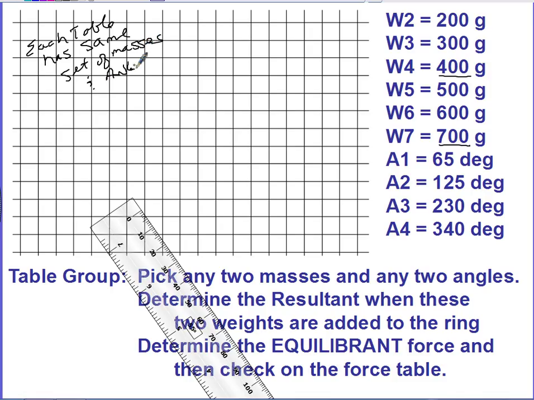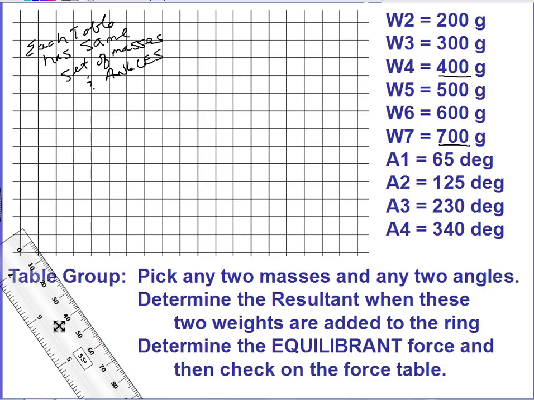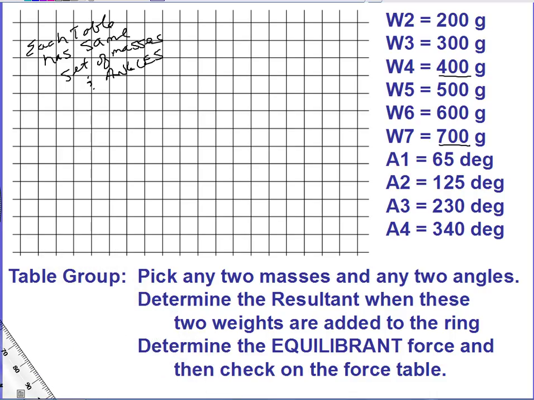Now, some people may be more interested in doing this not graphically, but mathematically. If you're interested in doing it mathematically, you can watch another video that I will post for you, just to show you how to do the same thing with components. But many of you should just be able to do this graphically. I want you to set up your force table and have it be observed by either myself or another instructor.